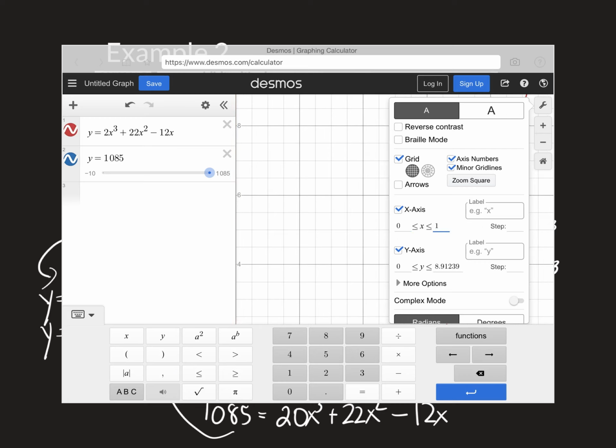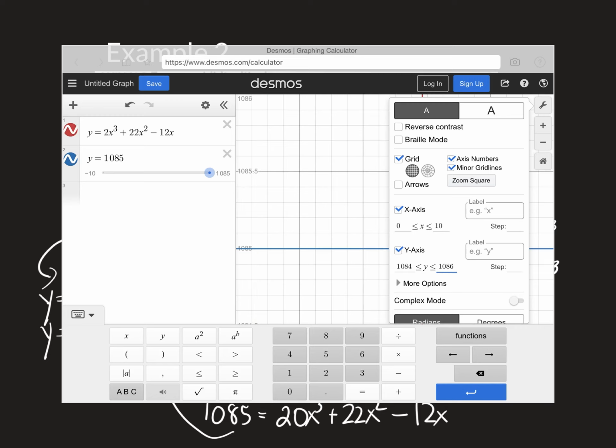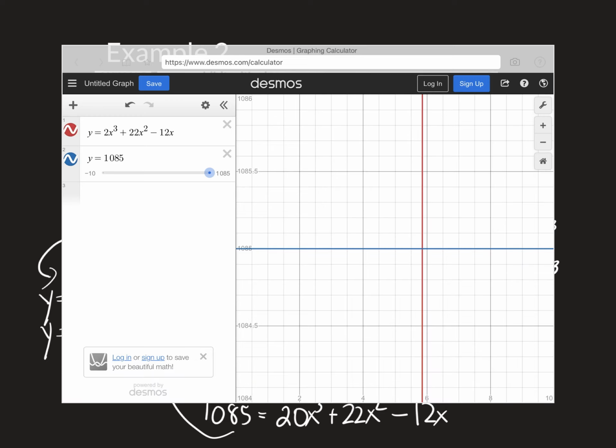And I want my y, because y equals that, from 1,084 to 1,086. See, I make silly mistakes here.